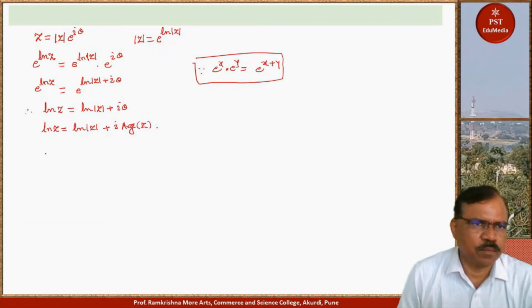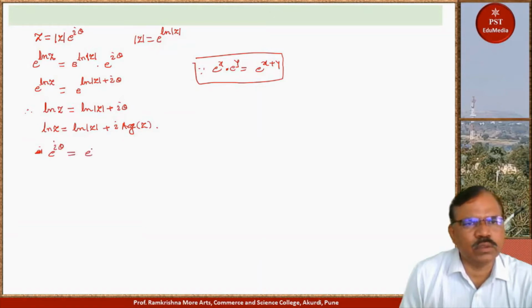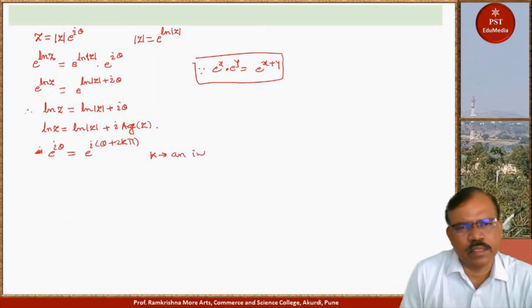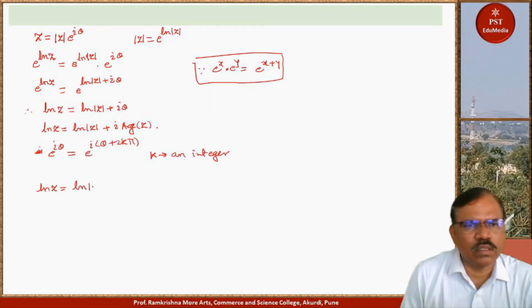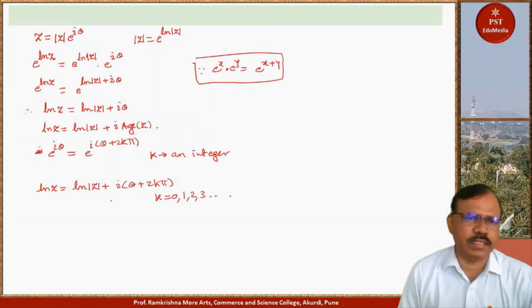But we know e raised to i theta is equal to e raised to i theta plus 2k pi, where k is an integer. So we can write log z is equal to log modulus of z plus i times, in bracket, theta plus 2k pi, where k is equal to 0, 1, 2, 3, and so on, an integer.